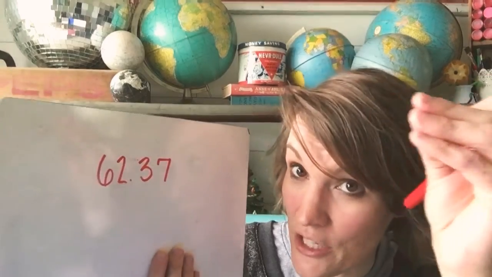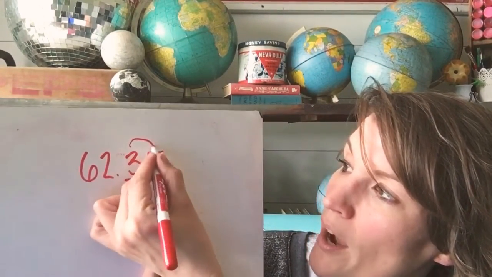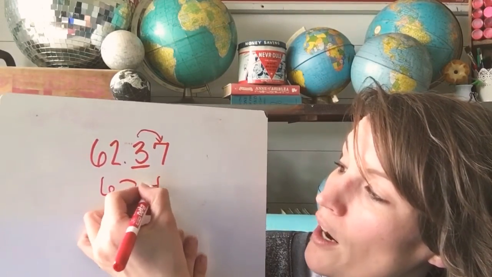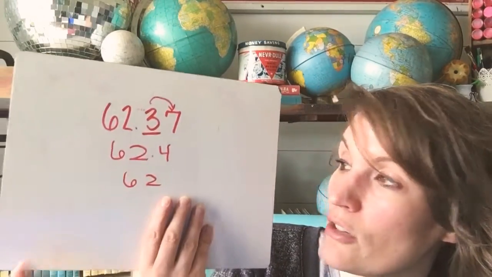Remember, when I'm rounding to the nearest tenth, with the TH on the end, I round this digit. So I look to the right and it's above 5. So that's going to be 62.4. On all your answers, you're going to round to the nearest tenth.